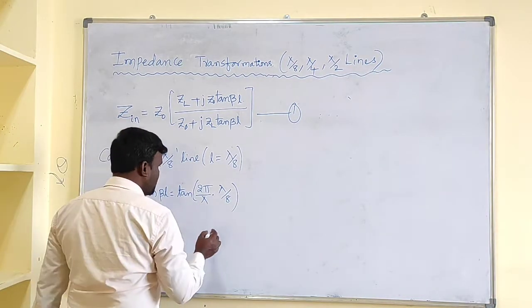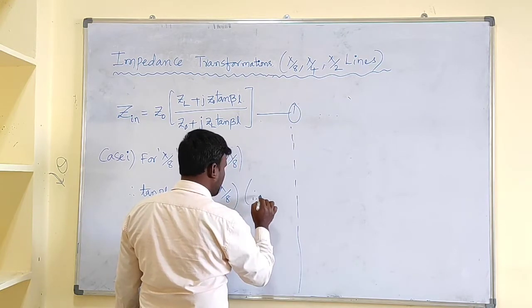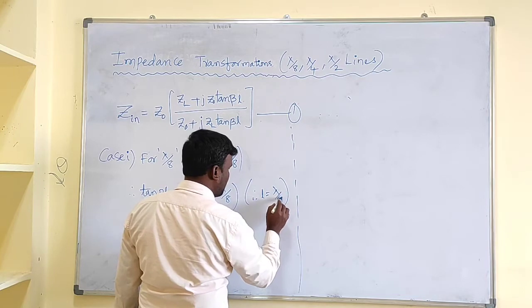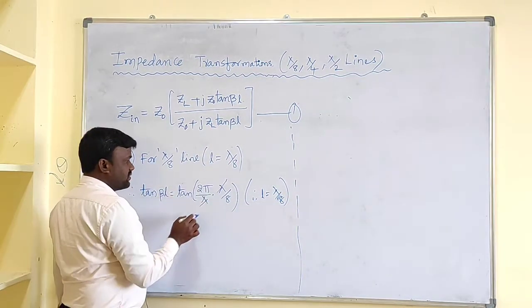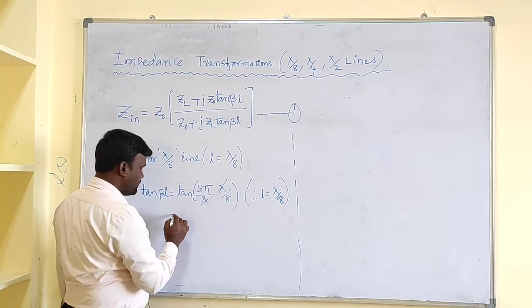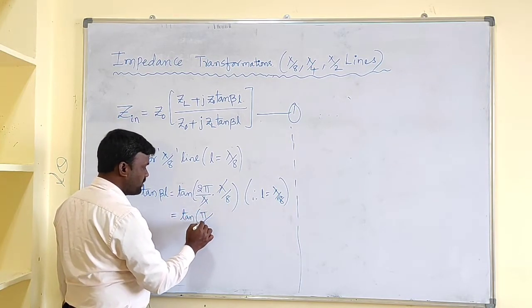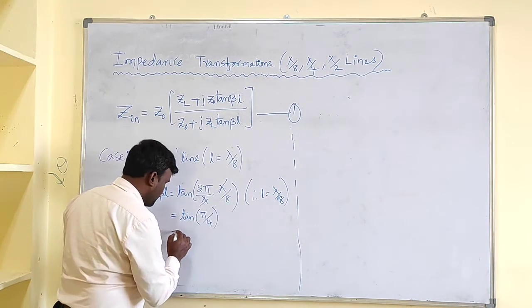Now this lambda cancels out. 2 pi by 8 gives tan pi by 4. What is the value of tan pi by 4? Tan pi by 4 is equal to 1.